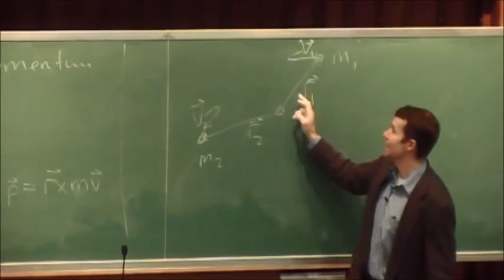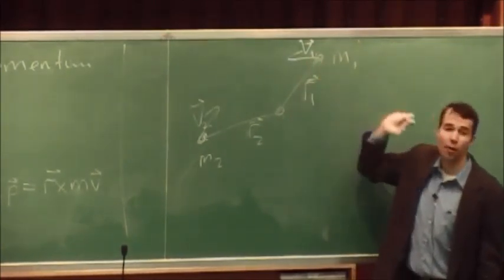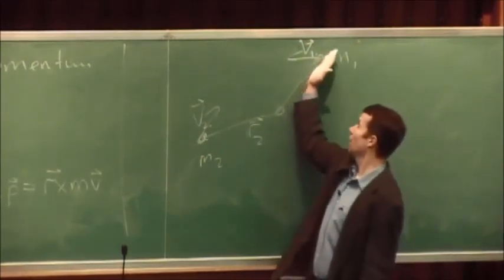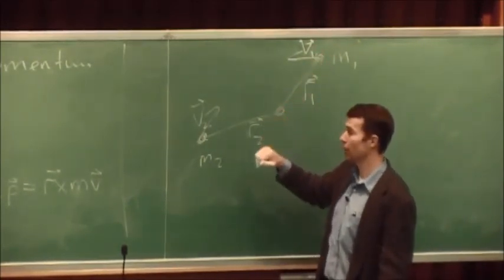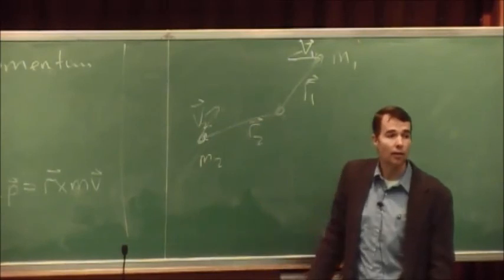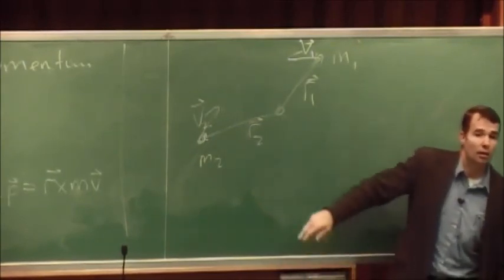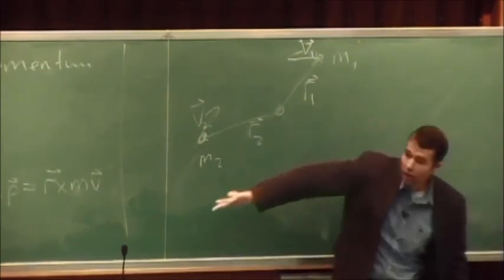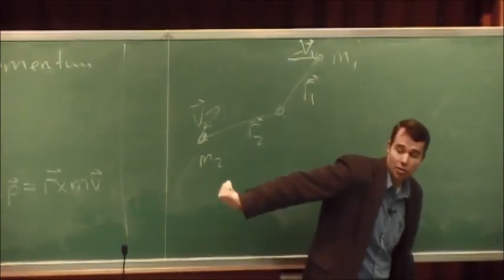Which direction is the angular momentum going to be pointing for this particle right here? So I have r crossed with v, it's coming out of the board. How about this one? Into the board, right? So I take r crossed with v, and that goes into the board.